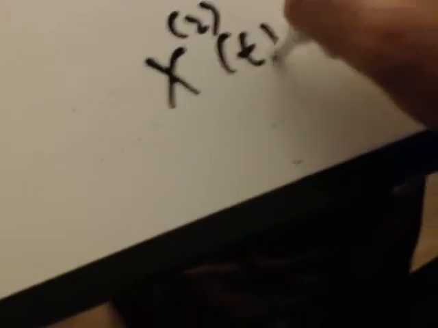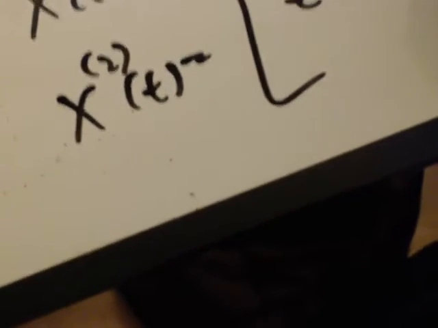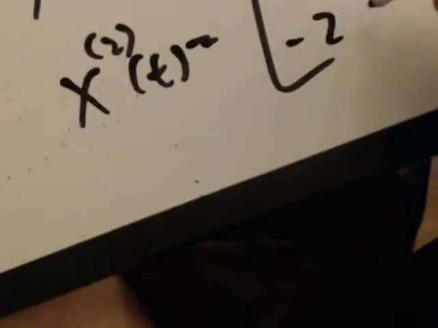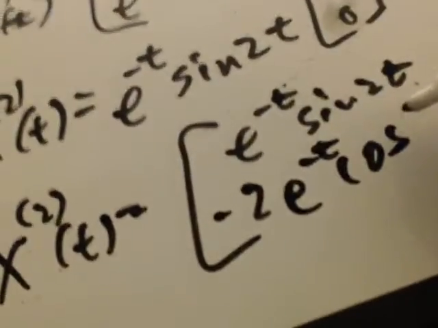So if I rewrote that in terms of being a vector, we have the 1 on top, this is the minus 2 on the bottom, so x2 of t is equal to, the top would be e to the negative t sine 2t. The bottom, I have a negative 2, so I get negative 2 e to the negative t cosine 2t.